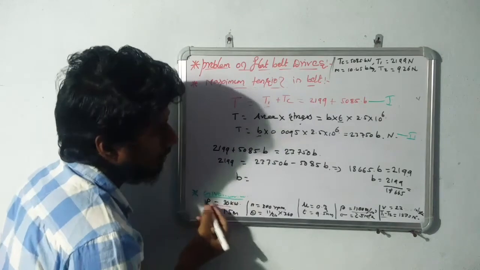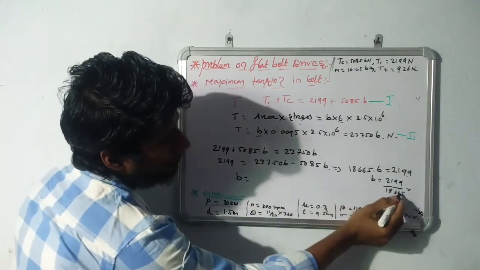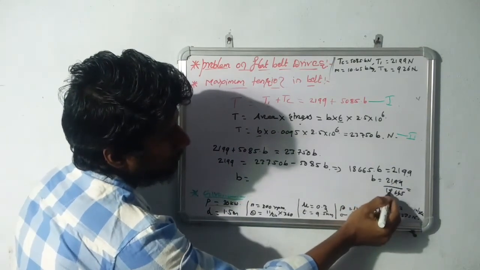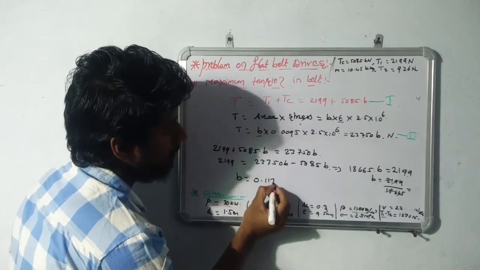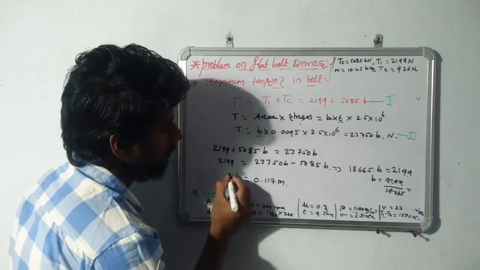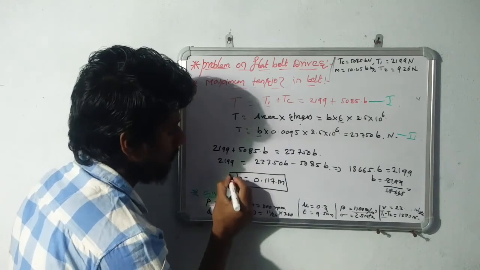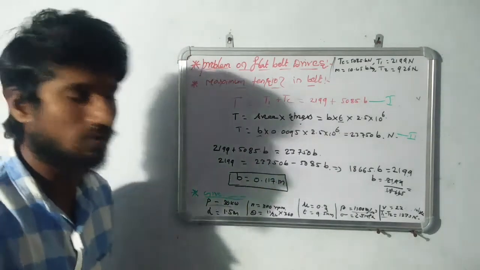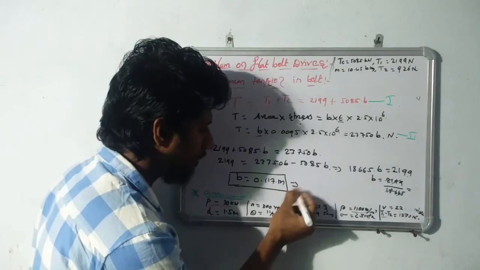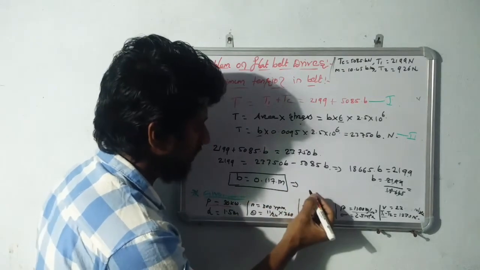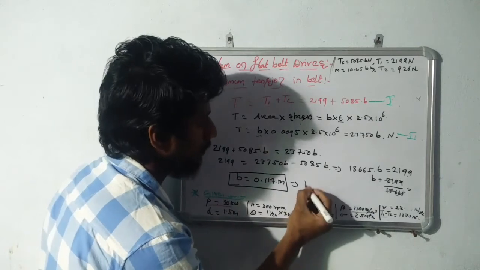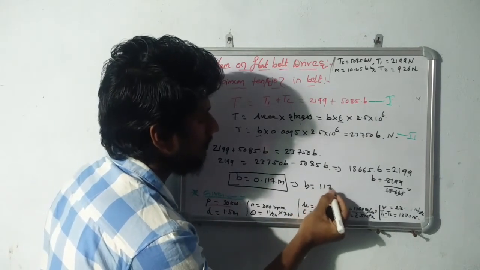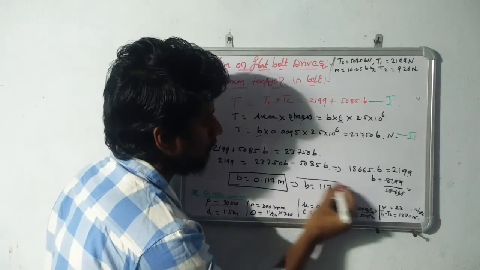So ultimately, B is equal to 0.117 meters. This is the width of the belt. When we define it in millimeters, B equals 117 mm.